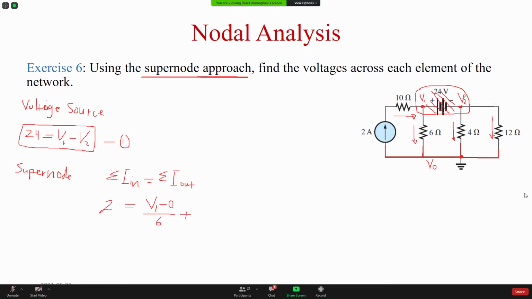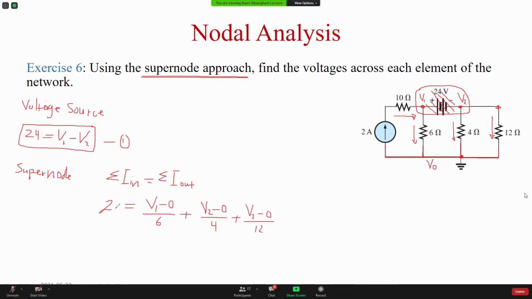The voltage V2 minus 0, this is the voltage across the resistor, divided by the resistance: V2 minus 0 divided by 4. Then the third one, V2 minus 0 divided by 12. The voltage at this side is V2, the voltage at this side is 0. The difference here is the voltage across the resistance, divided by the resistance, which will give me the current.